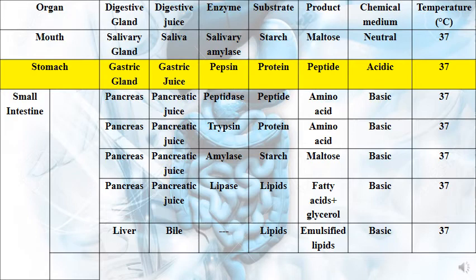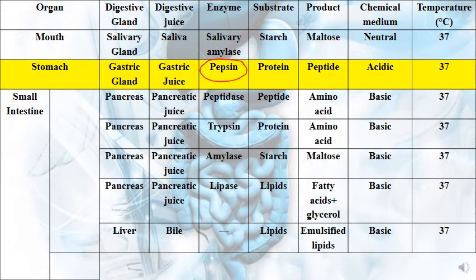Let's move on to the second organ, the stomach. In the stomach, we have a special gland called the gastric gland. This gland secretes a special juice called gastric juice. This juice contains an enzyme called pepsin.